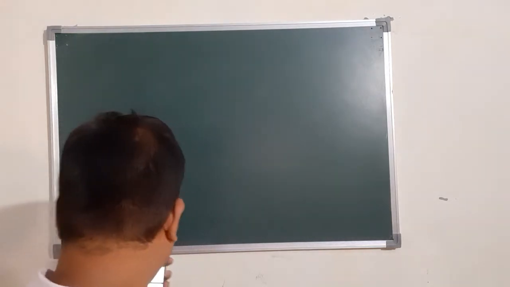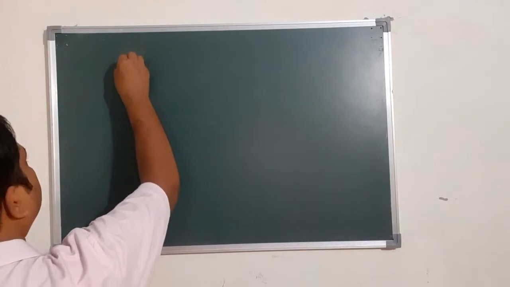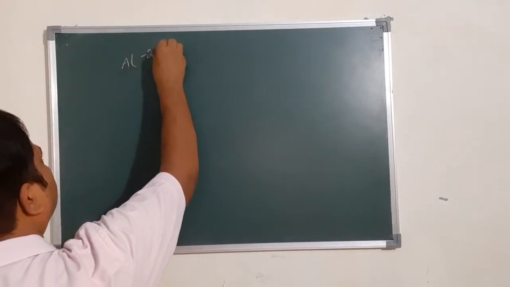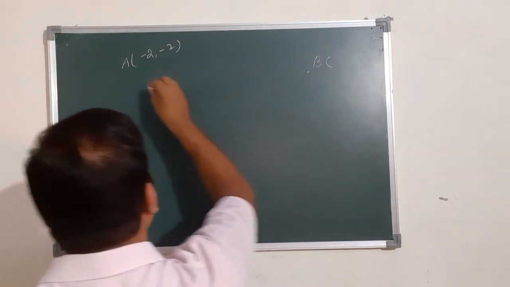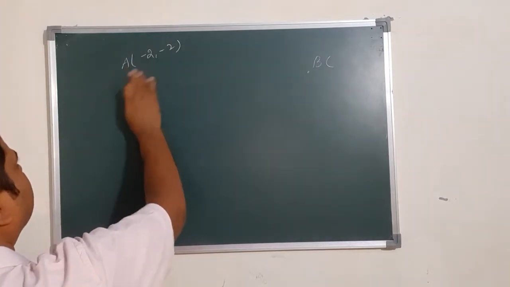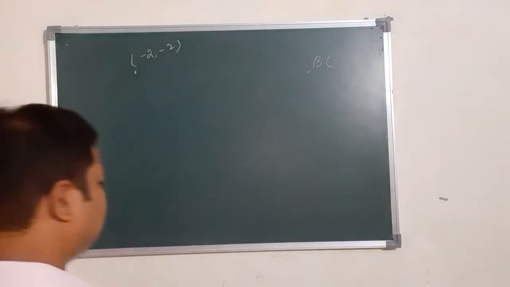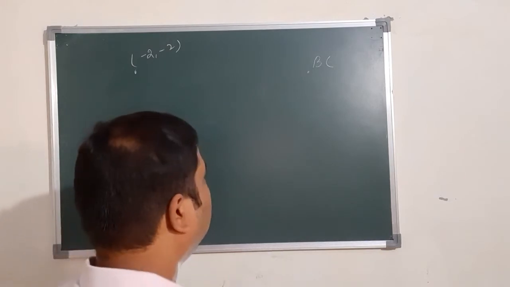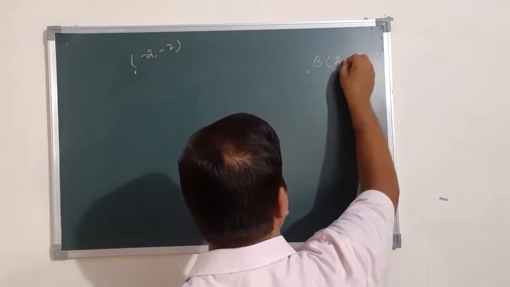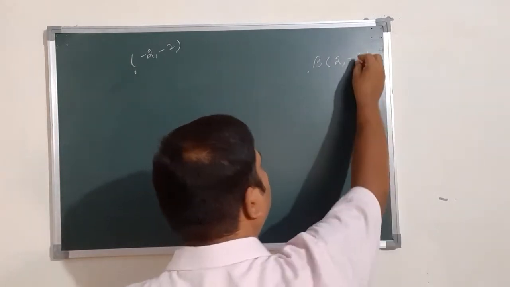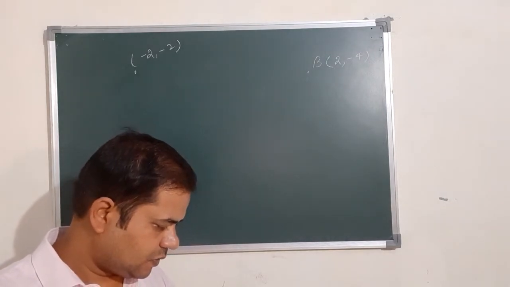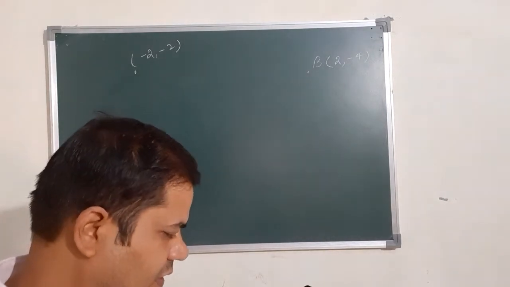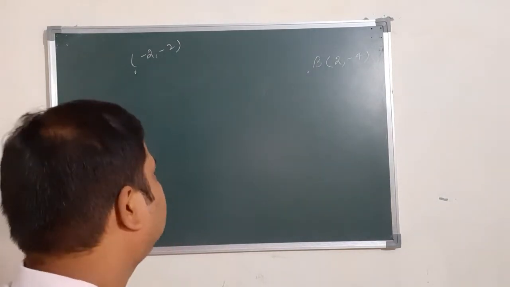If A and B are (-2, -2) and (2, -4) respectively, find the coordinates of the point P such that AP = 3/7 AB. This is the coordinate of point A, and this is the coordinate of point B, (2, -4).